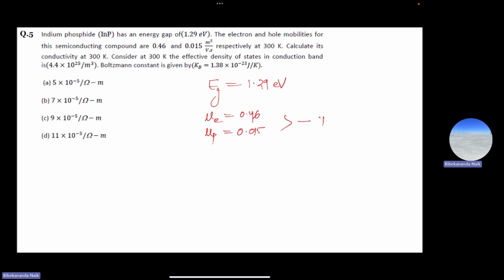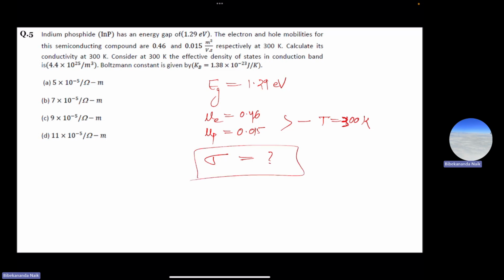All these are at 300 Kelvin, and we need to find the conductivity at 300 Kelvin.